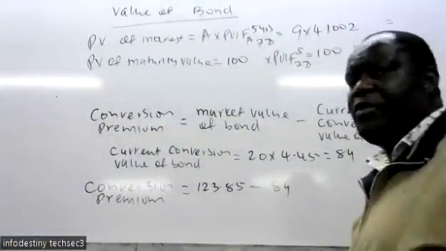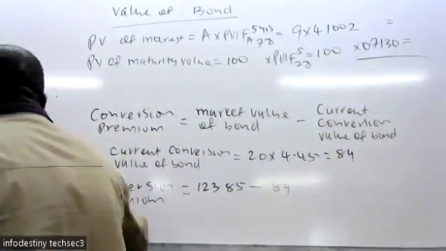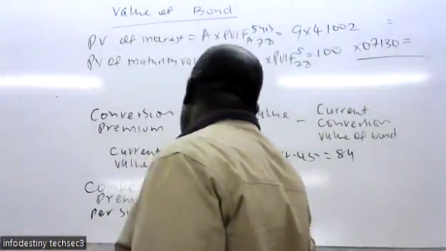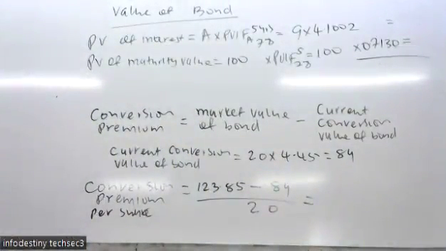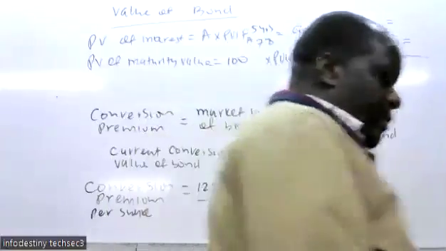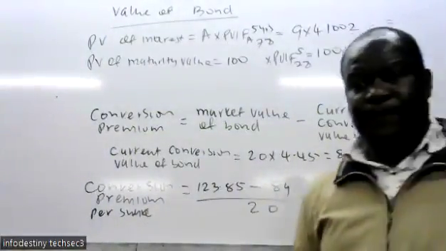But they want it per share. You see that? Conversion premium per share. So because it is per share, divide by 20 ordinary shares, because it was being converted into 20 ordinary shares.